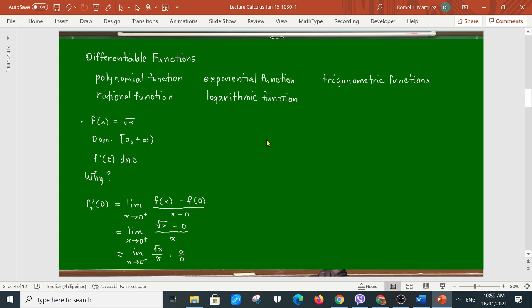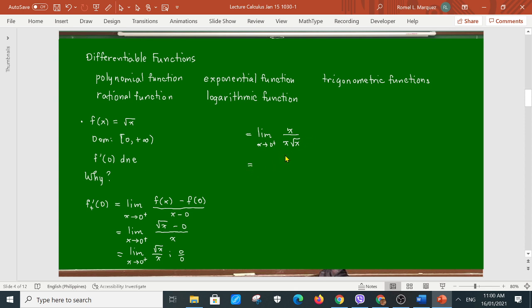Or if you want, you can apply the definition of square root. Multiply by square root of x, so that is x over x times square root of x. We rationalize the numerator.